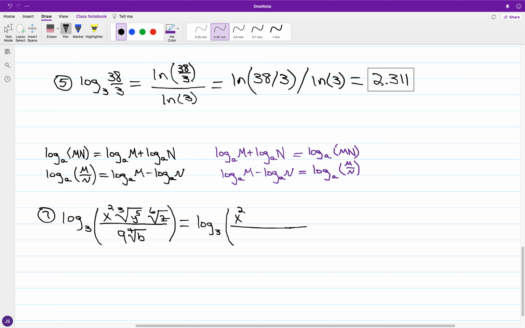So you have the inside power divided by the index number. Okay, so in this case, we're going to have y to the 5/3 and the 6th root of z, or the 6th root of z to the 1st. Okay, this is going to be z to the 1/6. And we have 9. Now we have for the 4th root of b, or the 4th root of b to the 1st. Okay, that is going to be b to the 1/4.